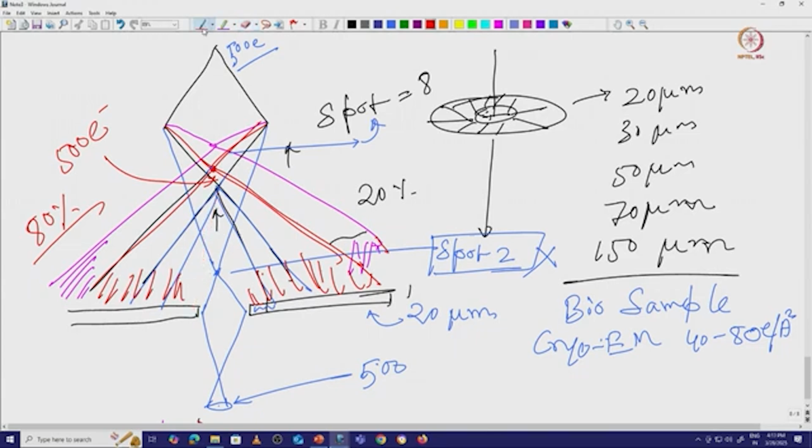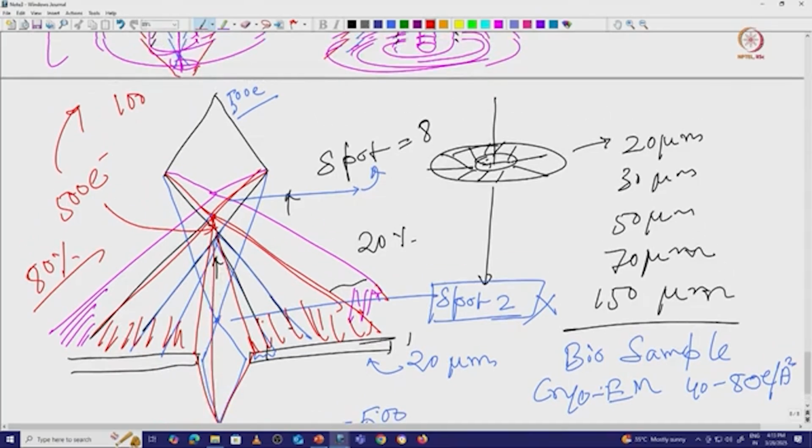So if we use this condition, with 80% blocked, only this much electron can come and give us an image something like that. So 20% of this means 100 electrons can go through this path and give us an image here.